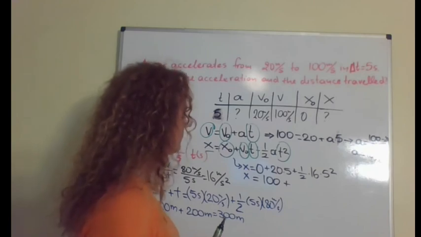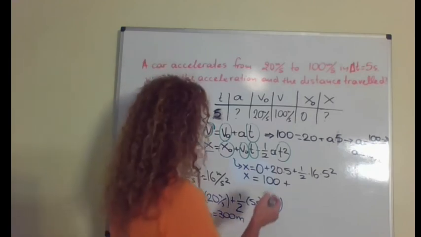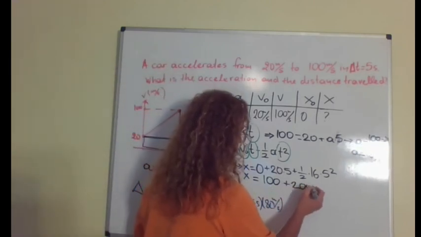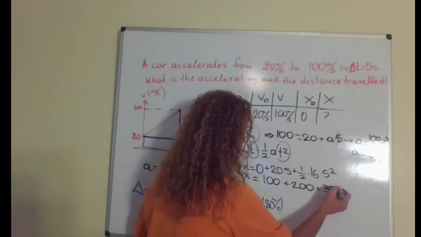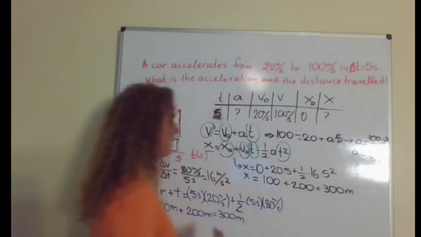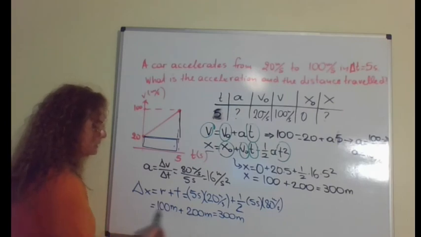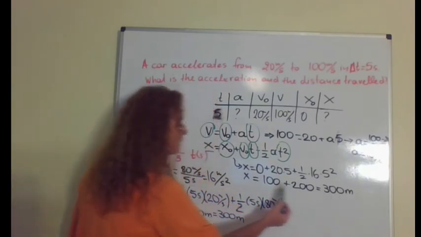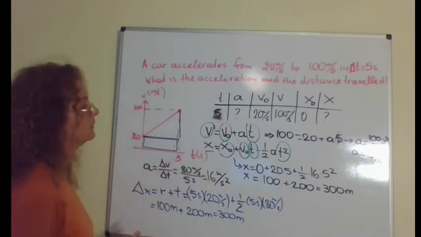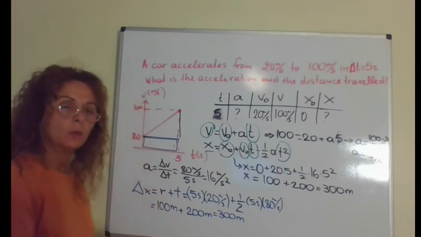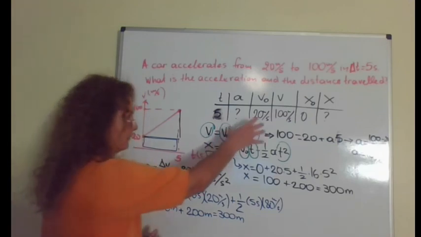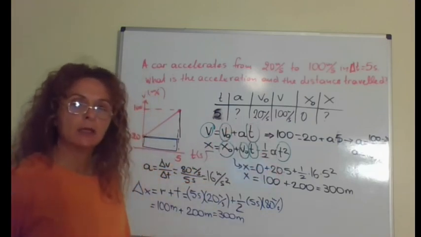Times 5 is 200. So I come up with actually exactly the same addition that gives me 300 meters. So doing a graph or doing the formulas, it's exactly the same thing.